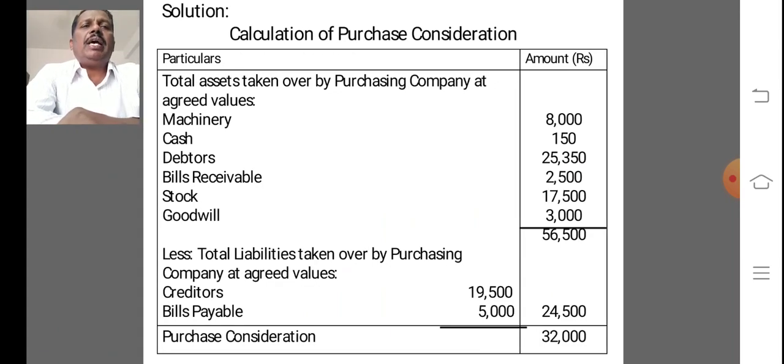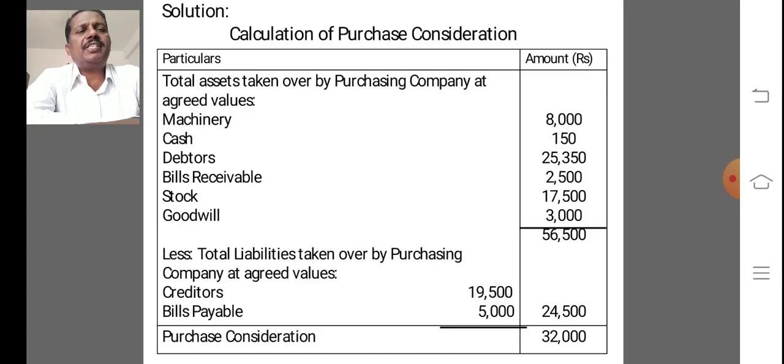So solution, calculation of PC under net assets method. Total assets taken over by purchasing company at agreed values. Machinery 8,000, cash 150, debtors 25,350, bills receivable 2,500, stock 17,500, goodwill 3,000.